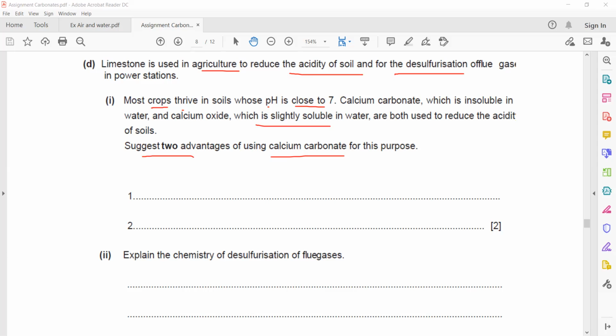So the first advantage: it is insoluble, so it does not wash away.